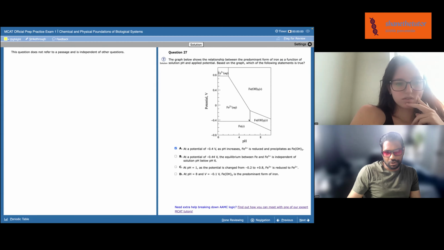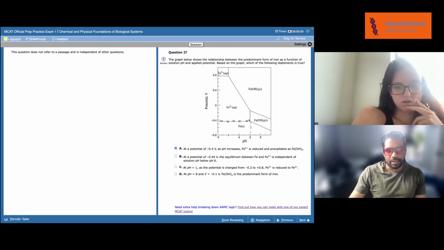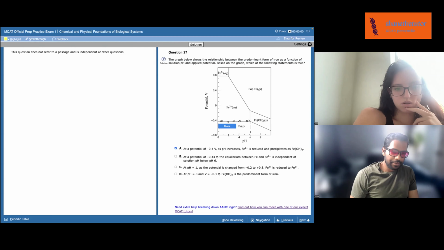So if it was at a pH of 4, it would be here, right? That's still in the cross section. If this is your pH of 6 and the potential is negative 0.44, negative 0.44 is here.